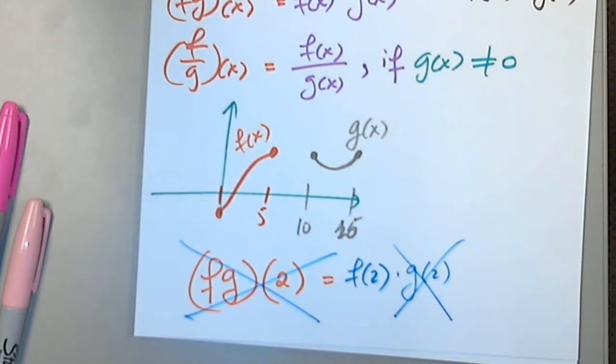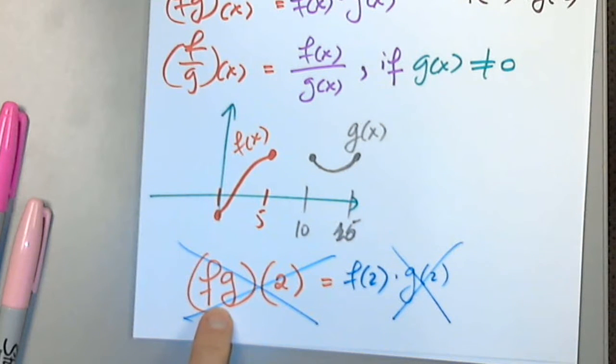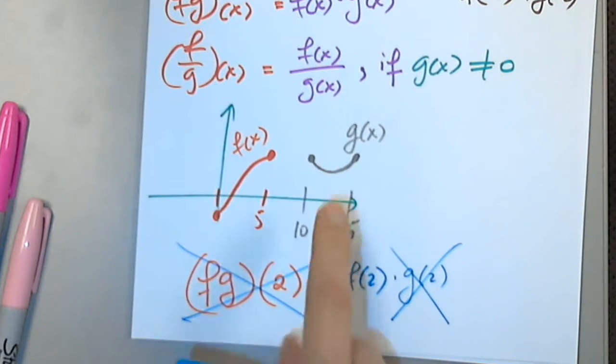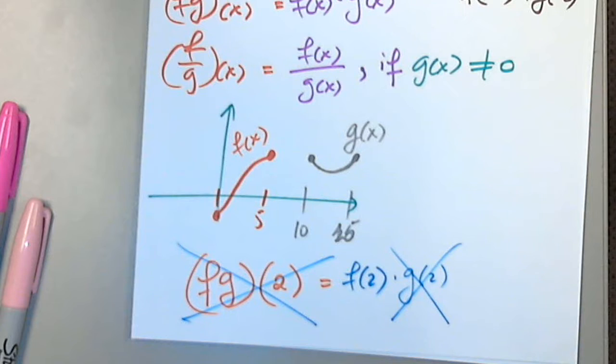How come? That's my claim, that no one can create this product or the sum or the difference or the ratio with these two functions. How come? Give it a shot. My claim is that using these two functions, no one can add them, subtract, multiply, or divide them.